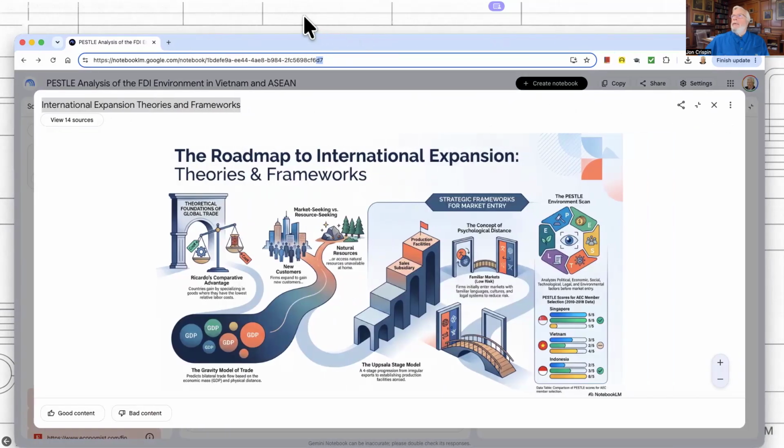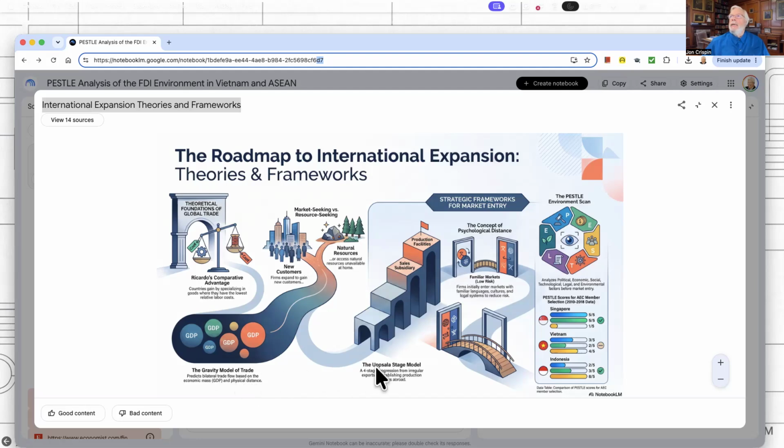If we take a look and just review here for a second, we have the roadmap to international expansion: frameworks and theory. This is sort of an overview of what we just talked about. On the left, we have the foundations of global trade, and we have Ricardo's comparative advantage with the scales there. Then if we move to the right, we see what kind of resources we are looking for: new customers, market seeking, natural resources, and then we move down to the gravity model of global trade.